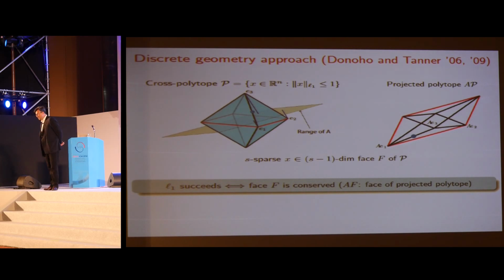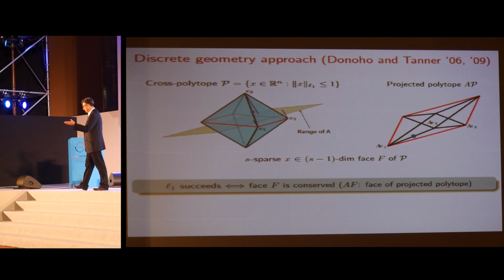I have an object that lives in n-dimensional space, and so we see the cross polytope, which is our L1 ball. And when I take measurements, I can think about projecting this object into lower dimensional space onto the range of A. And so this cross polytope will get projected. The projection of a polytope is a polytope. And there are some faces of this polytope that will survive.